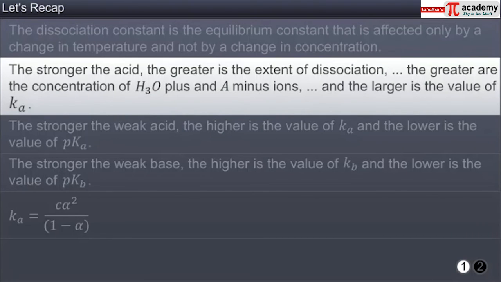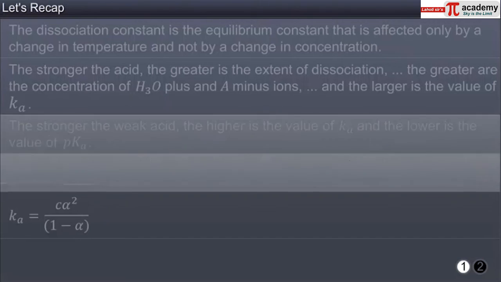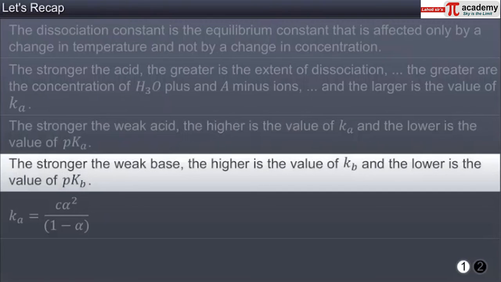The greater are the concentrations of H3O+ and A- ions, and the larger is the value of Ka. The stronger the weak acid, the higher is the value of Ka and the lower is the value of pKa. The stronger the weak base, the higher is the value of Kb and the lower is the value of pKb.